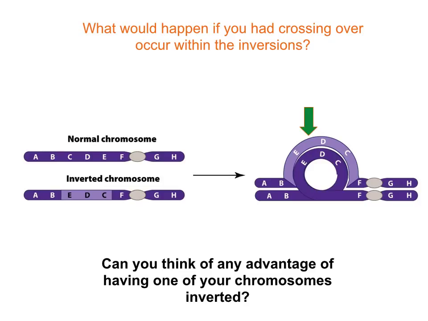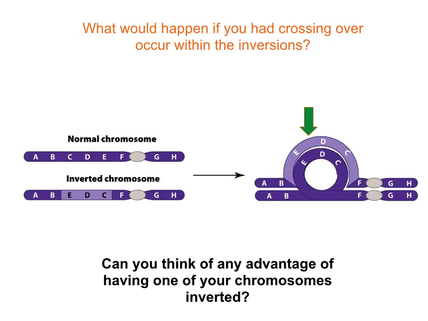What then could be an advantage of that? What then would that do to those genes in the inverted region? Maybe I should draw it here. Let's just do this one. The gametes that would result from a crossing over that occurs is going to be, what did we say this one was?